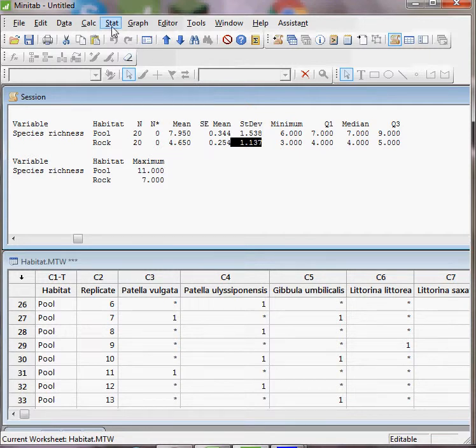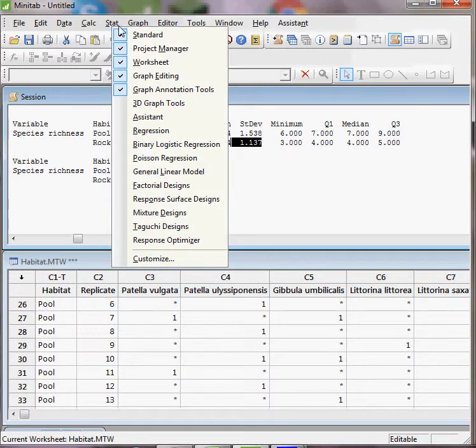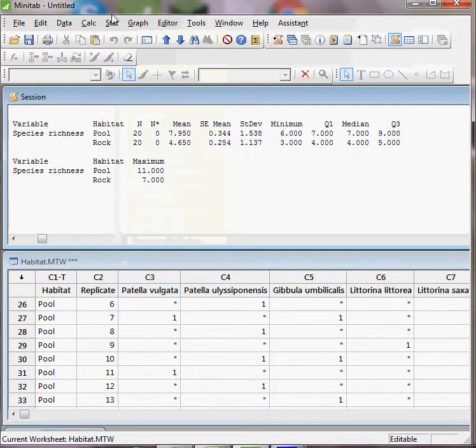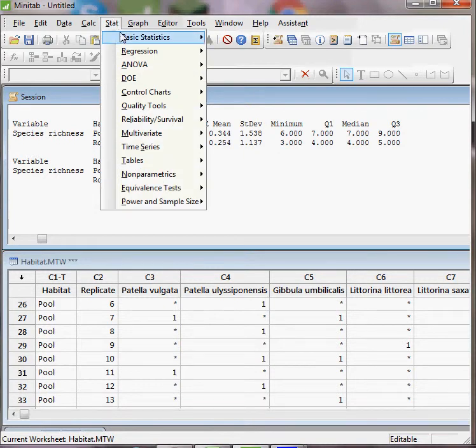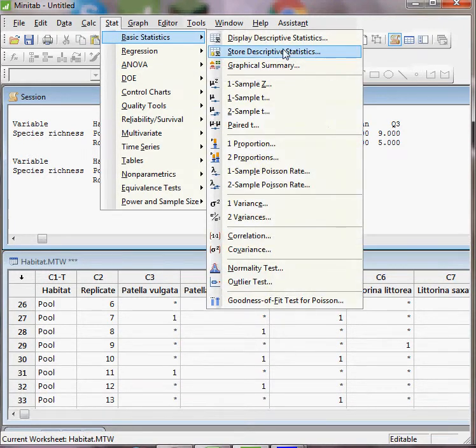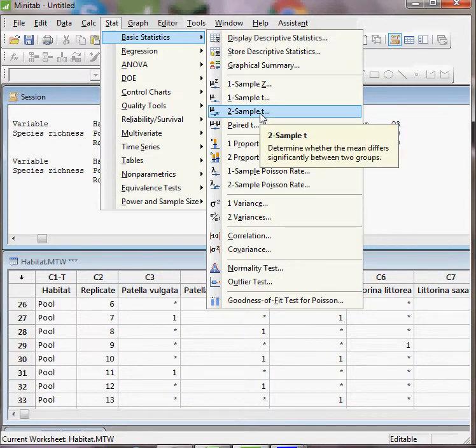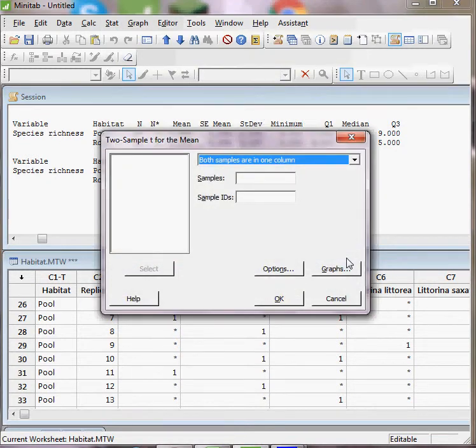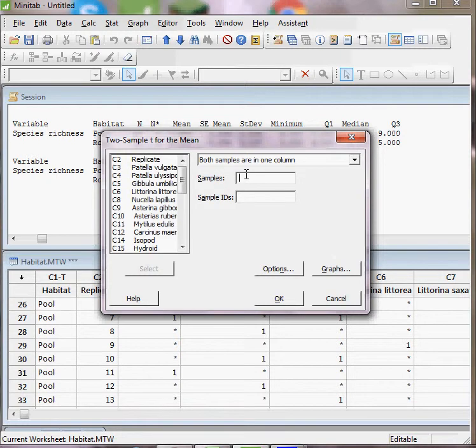And rightly or wrongly, the go-to test in that situation is to do a t-test. So if we go to the stat menu, this is offered under the basic statistics menu, and we're looking for something called the two-sample t-test. So we select the two-sample t-test. Essentially, it's the same menu as we've had before, only the terminology is different.